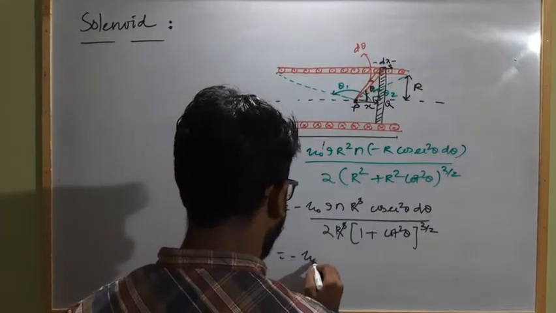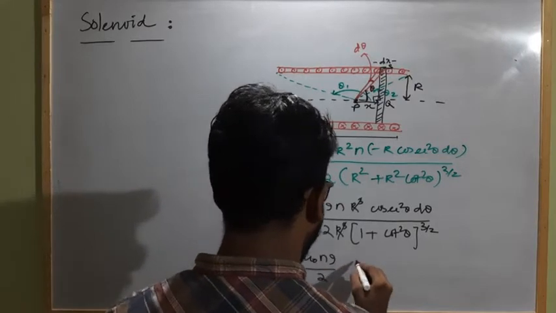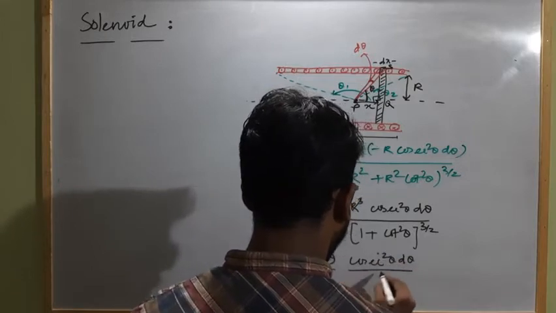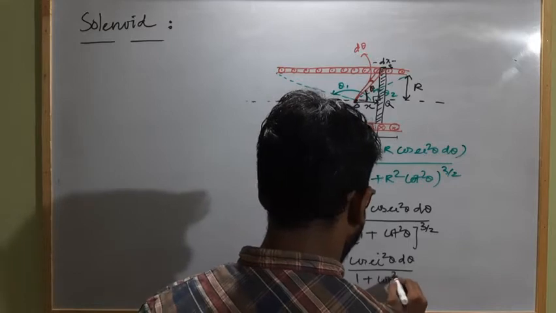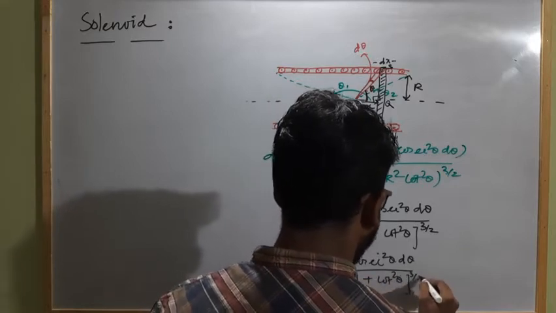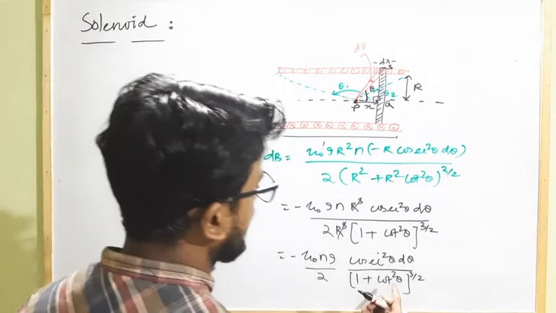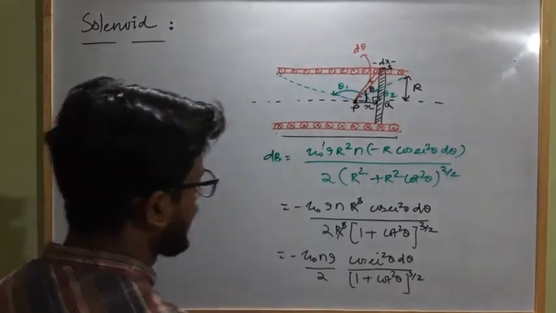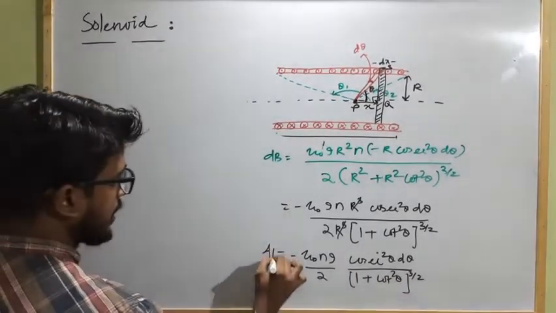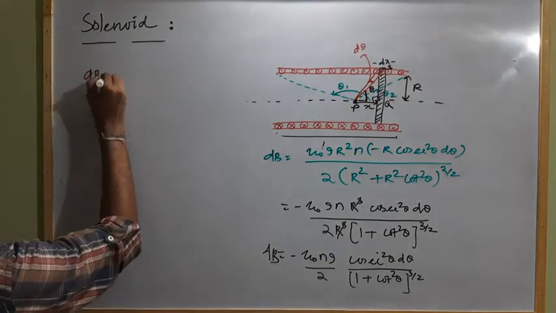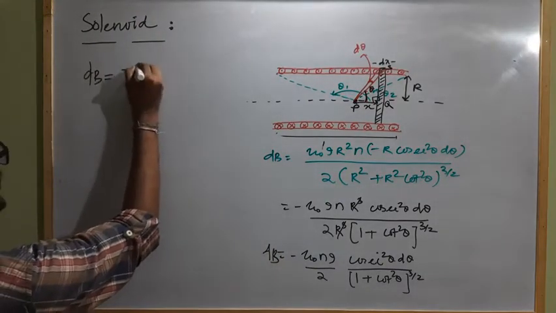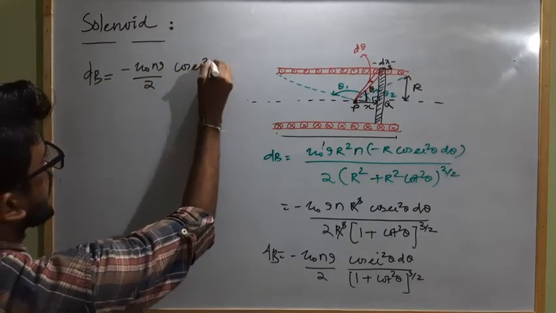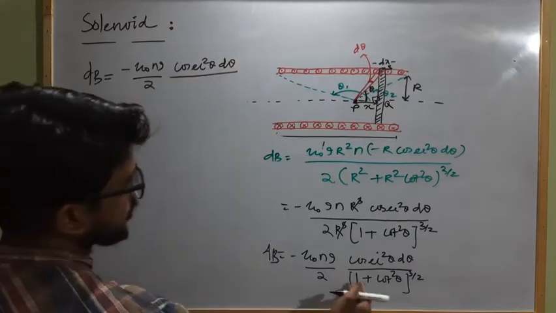So this will be minus mu naught n I by 2 into cosec square theta d theta divided by 1 plus cot square theta to the power 3/2. What is 1 plus cot square theta? It can be written as cosec square theta. So this can be written as dB equal to minus mu naught n I by 2 into cosec square theta d theta divided by 1 plus cot square theta, which will be how much?